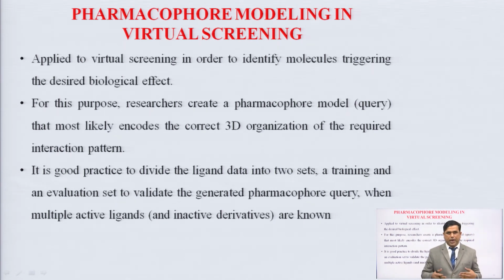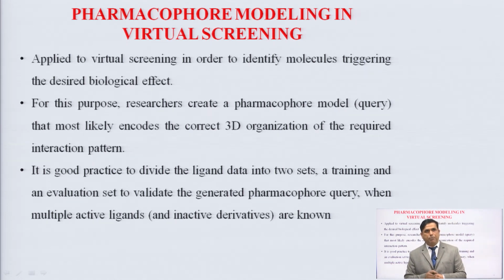Whatever the desired biological effects, we can achieve that with the help of virtual screening. We screen n number of ligands, screening of the structures, with the help of this virtual screening.